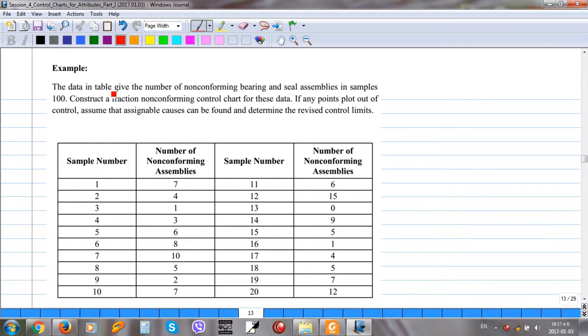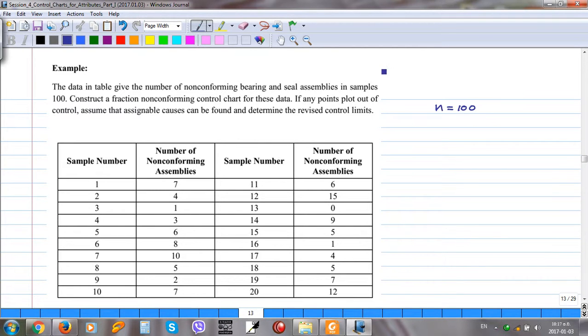The data in the table give the number of non-conforming bearing and seal assemblies in samples of size 100. Sample 100 means n equals 100, because the given sample is 100. Construct a fraction non-conforming control chart for this data.